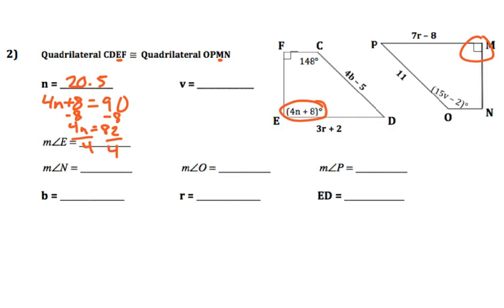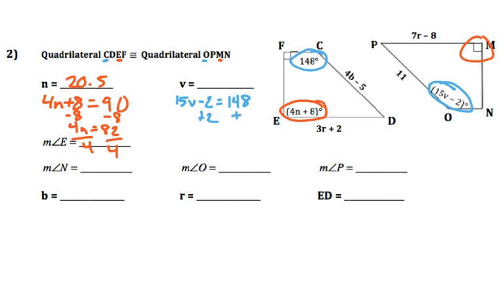Now for V, I notice that V is in the angle measurement for O, and O is the first letter in our second quadrilateral, and C is the first letter in our first quadrilateral, so that's got to be equal to 148 degrees. So my equation will be 15V minus 2 equals 148. And again, we're just going to solve the equation.